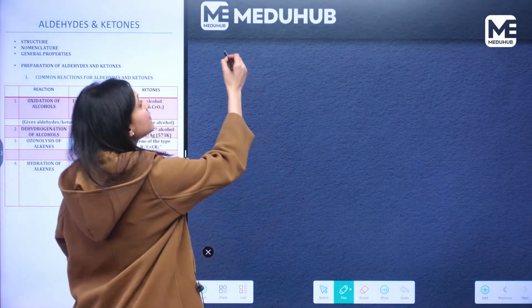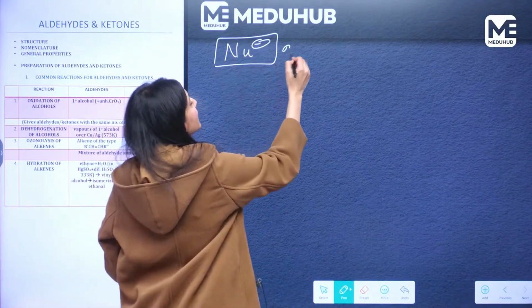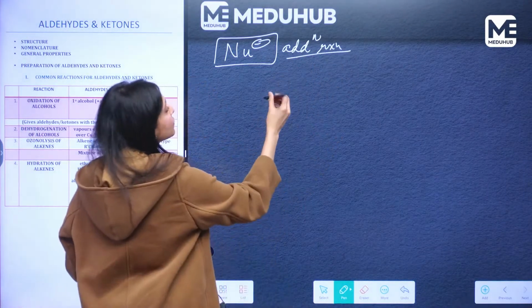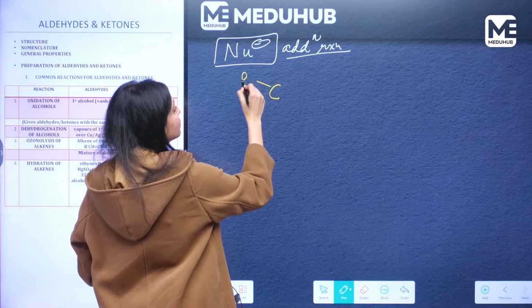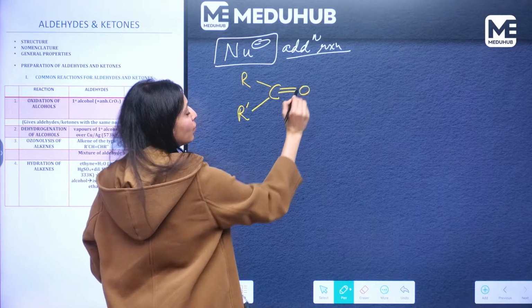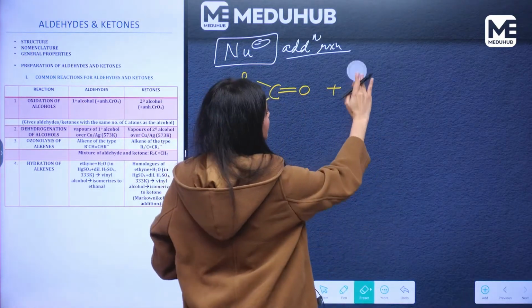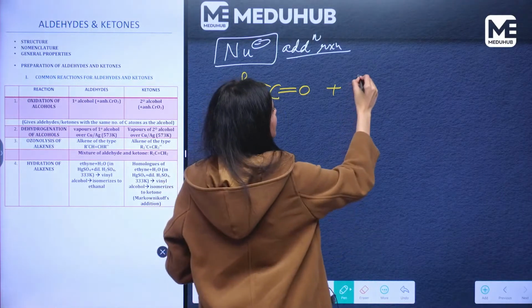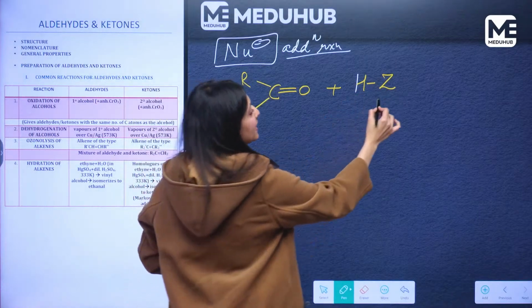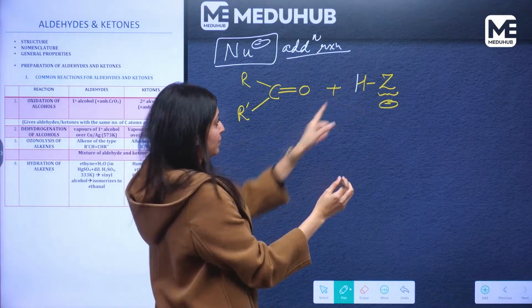So let us see what happens when a nucleophile gets added. Addition reaction. So this is the carbonyl compound R, R dash double bond O. We have HZ, where Z is the nucleophilic part containing the negative charge, and we have a proton H plus.